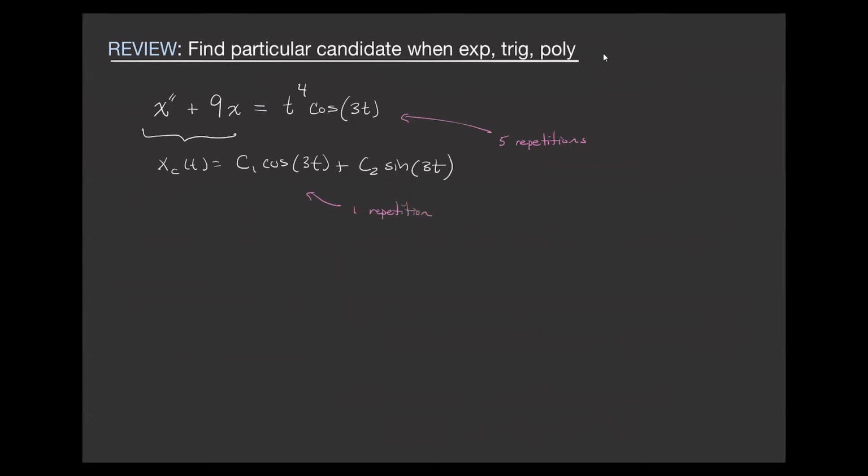Then together, in order to make sure we get the right particular candidate to begin with, we'll take the particular candidate to be cosine of 3t and then sine of 3t, and then we multiply by a polynomial.